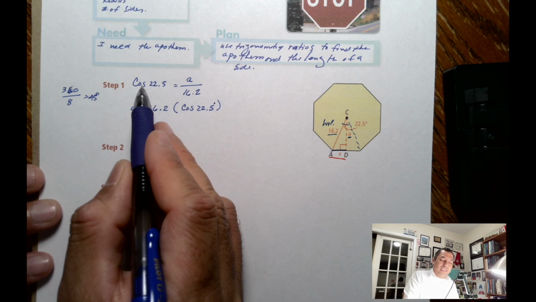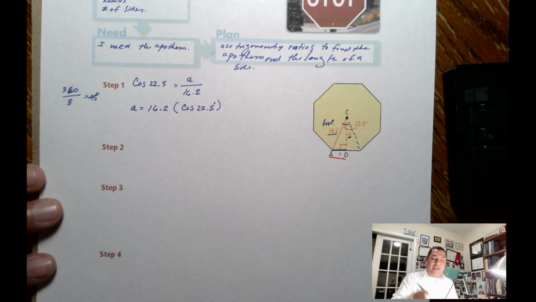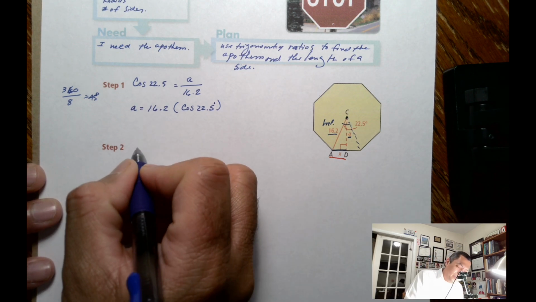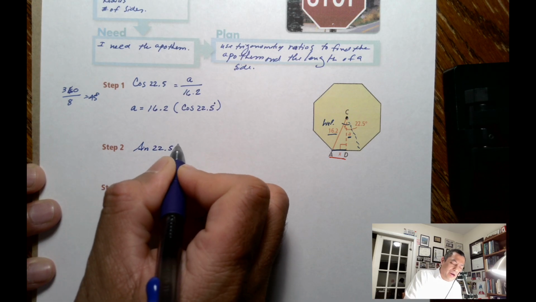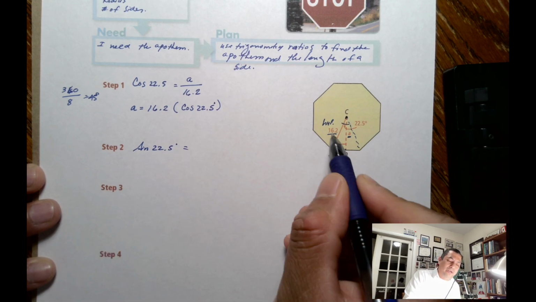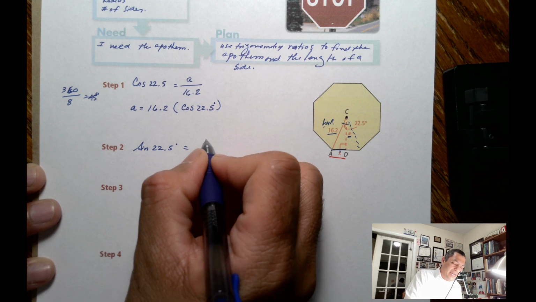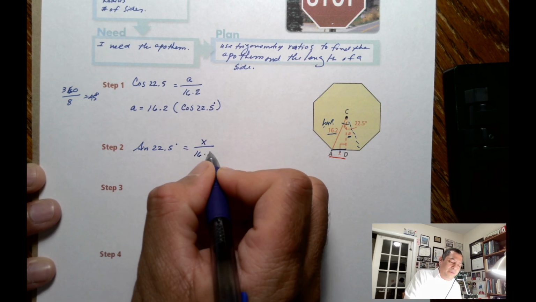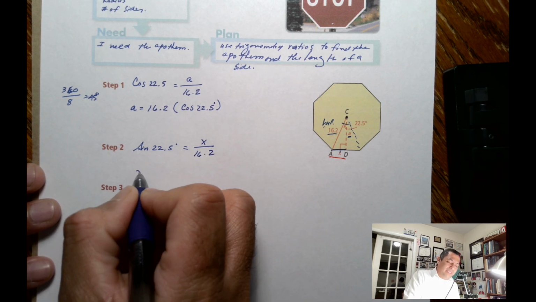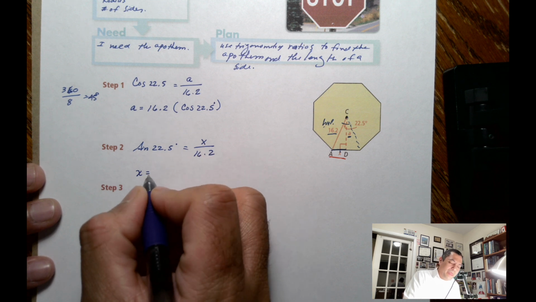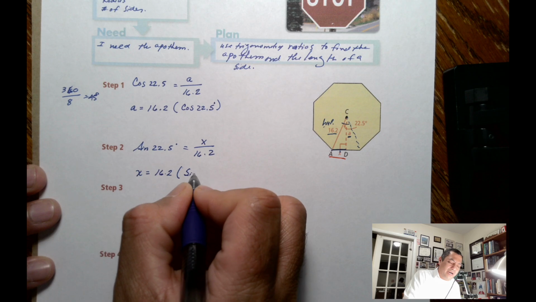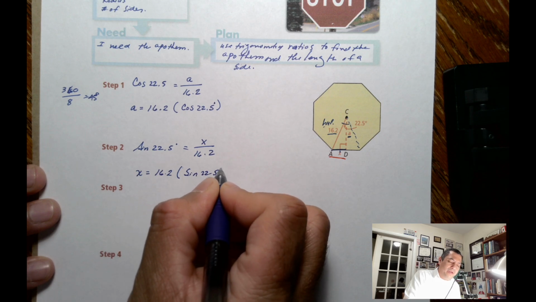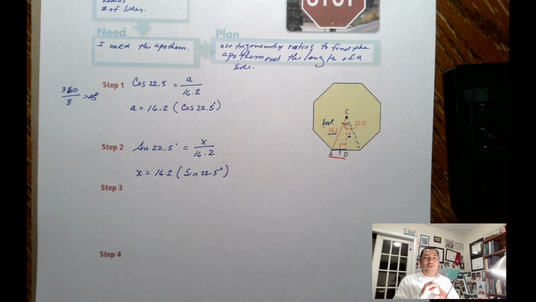Instead of using cosine, I'm going to use sine, because sine of 22.5 degrees is equal to the opposite over hypotenuse. So it's x over 16.2. That means x is equal to 16.2 times the sine of 22.5 degrees. I'm not going to multiply those two. I'm going to leave them for the end.